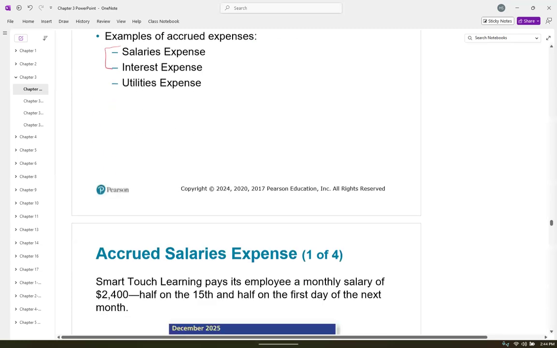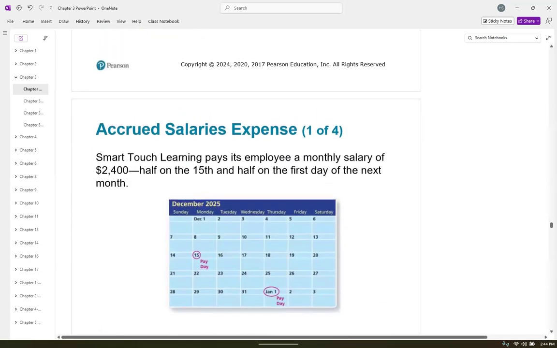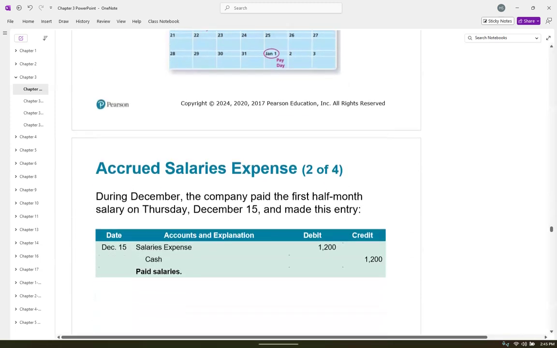Okay, so let's look at this example. Smart Touch Learning pays its employee a monthly salary of $2,400, half on the 15th and half on the first day of the next month. I like that they gave us a calendar here, so you can see how this accrual is taking place.